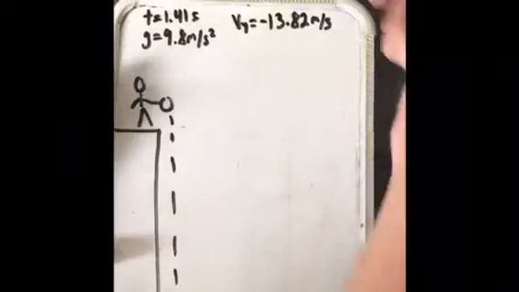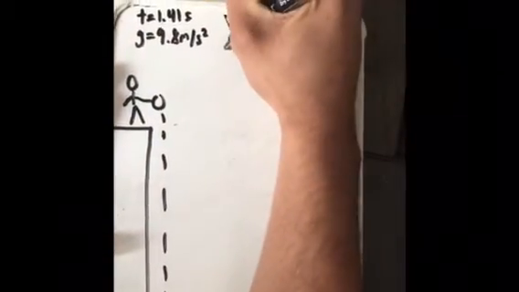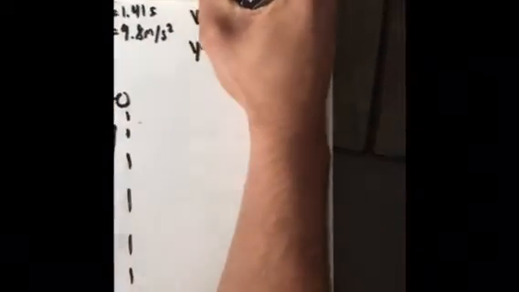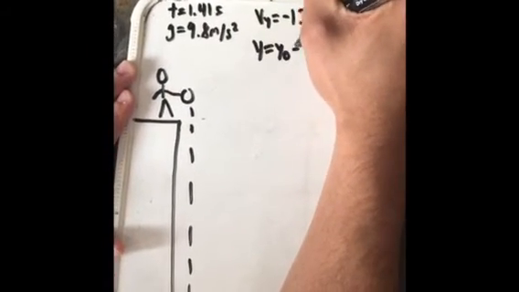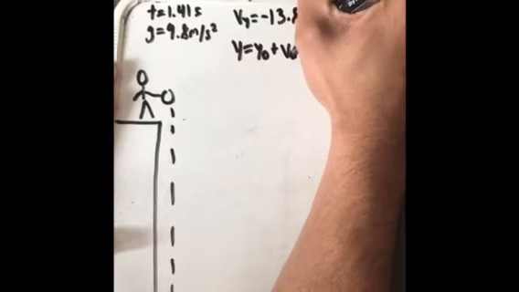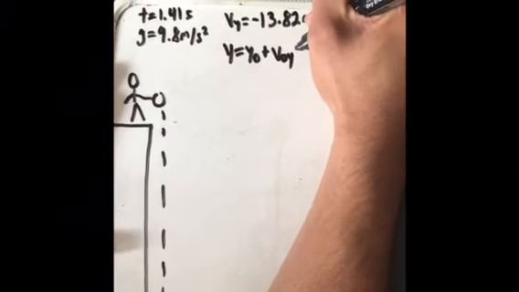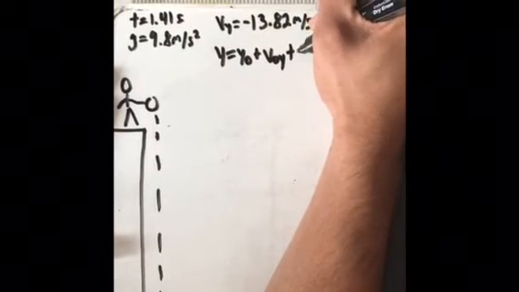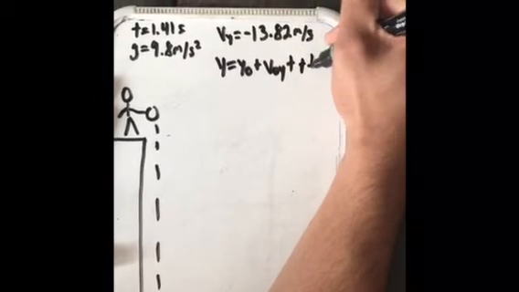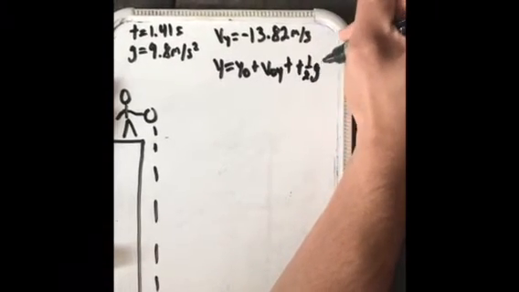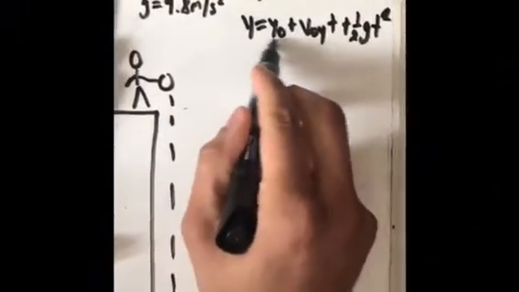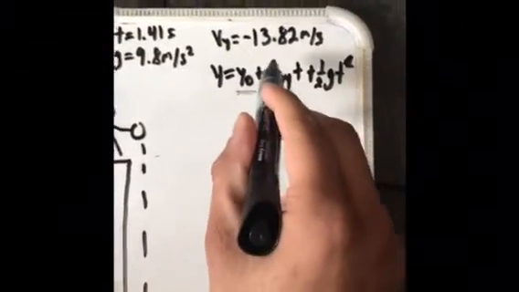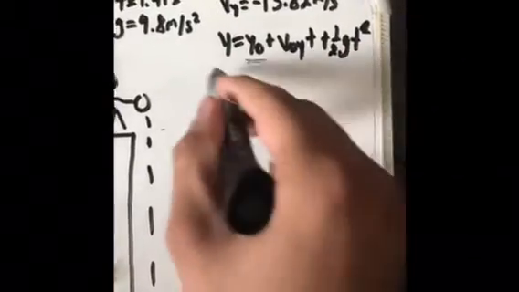Looking through our equations, we find the equation to be y equals y naught plus v naught y t plus 1/2 gt squared. Now we want to get y naught by itself, so we need to move our variables around.